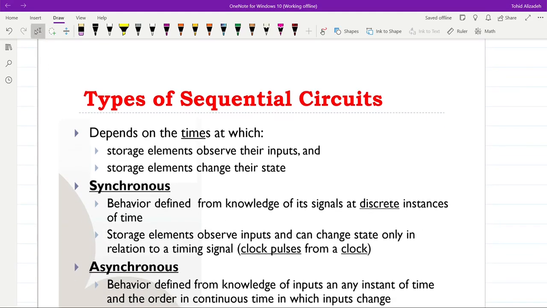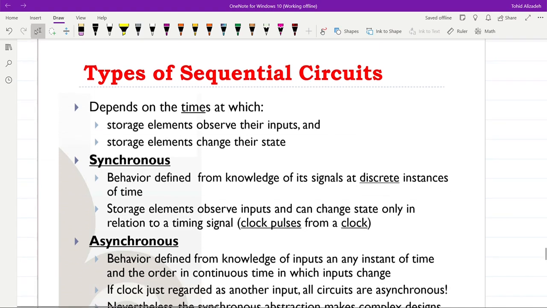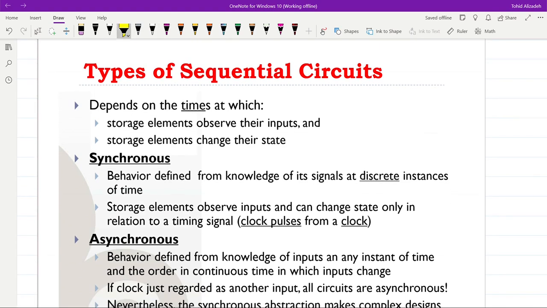We can categorize sequential circuits into two main classes, the synchronous and the asynchronous. This categorization depends on the times at which the storage elements observe their inputs and change their state.